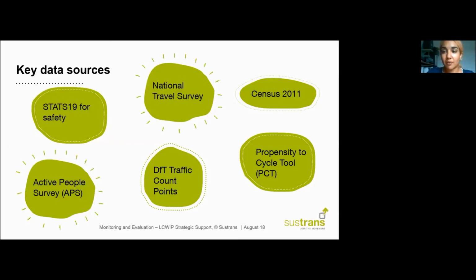The National Travel Survey, again, has lots of information at a national, very aggregate level on the travel modes being used, frequency of travel, that sort of thing. So not necessarily so useful at a local project level, but for an overview of travel it can provide some context. The Active People Survey provides a number of indicators around health and physical activity.